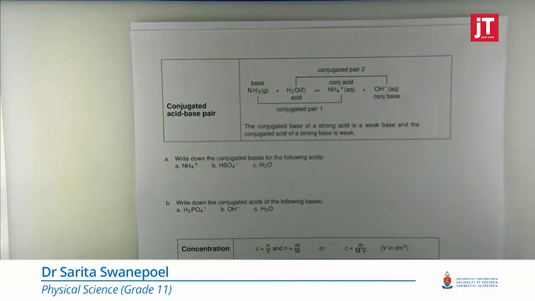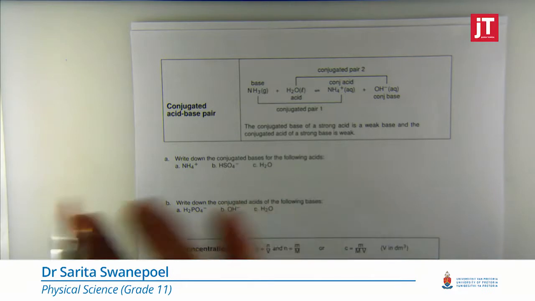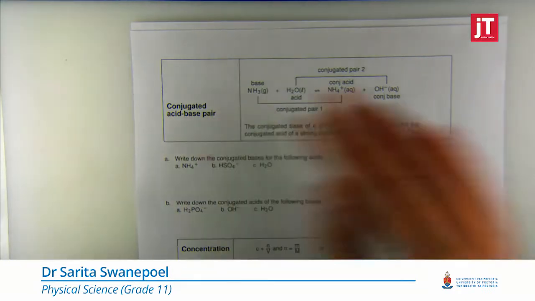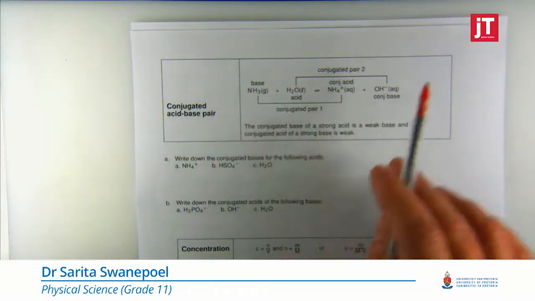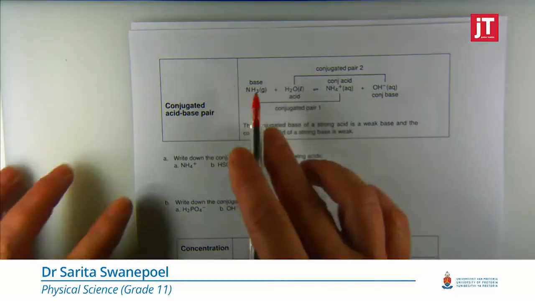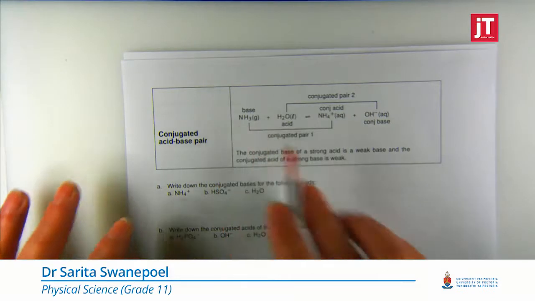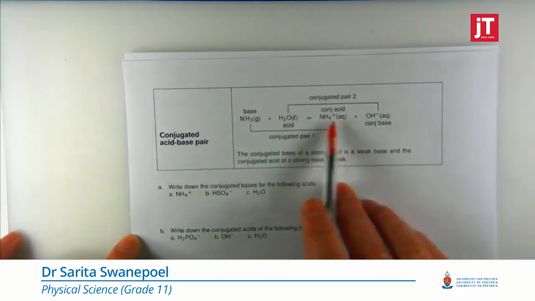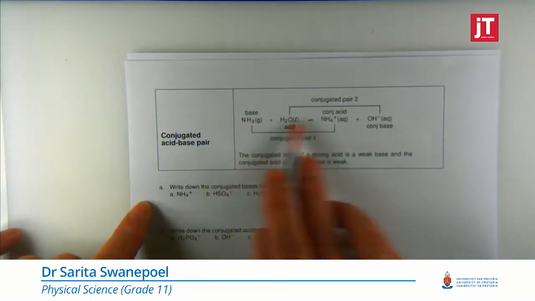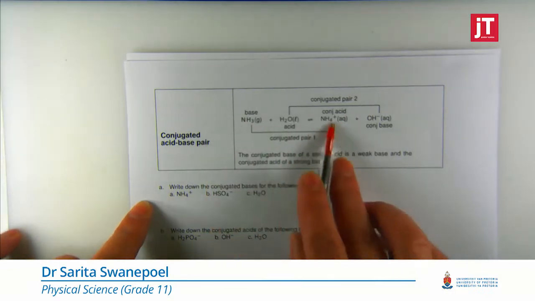If you get an acid-base reaction, and we're still going to talk about how to write it, look at this one: NH3 on this side and NH4 plus on that side. What happened from here to there? It gained an H plus.